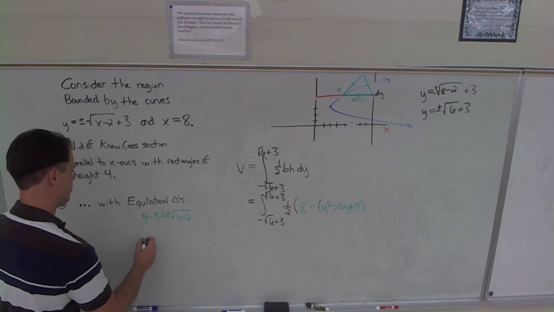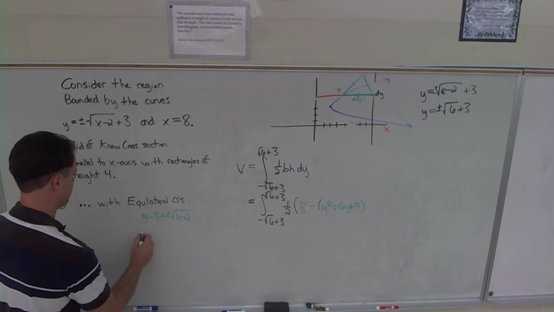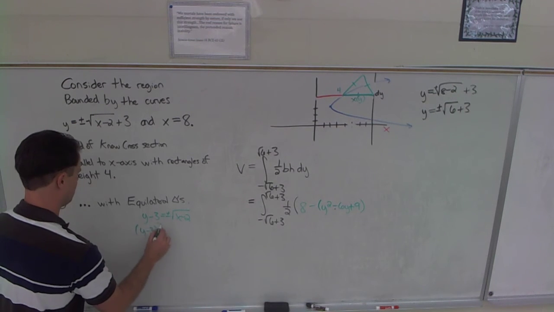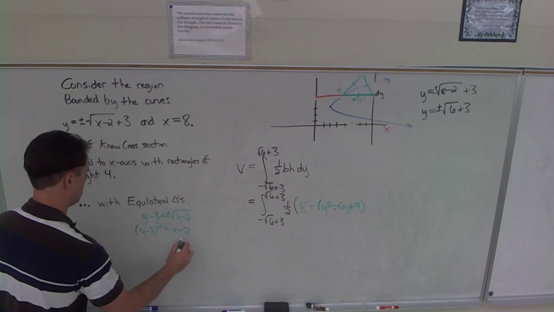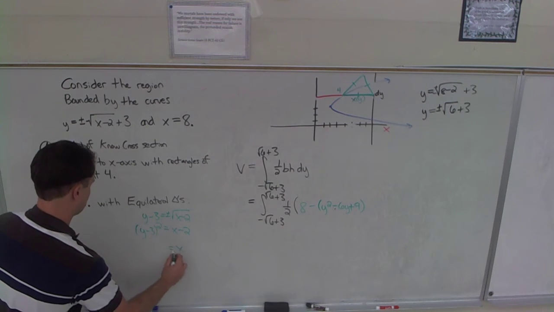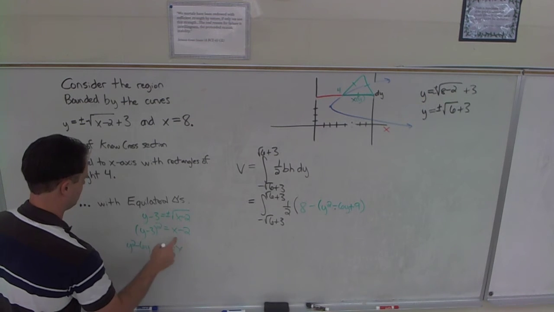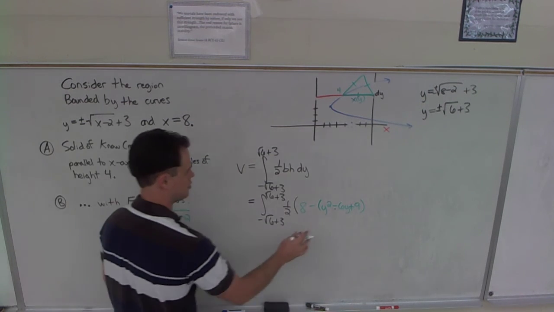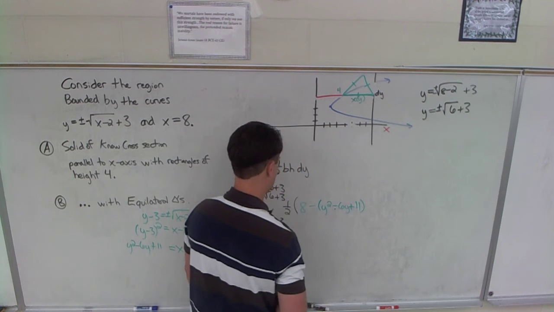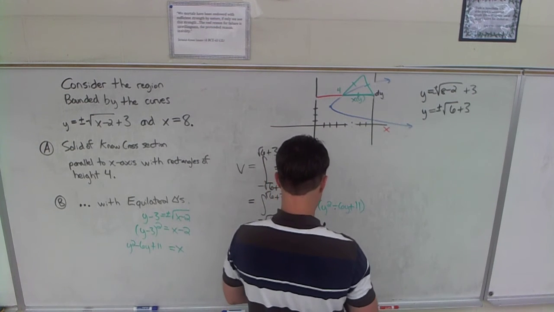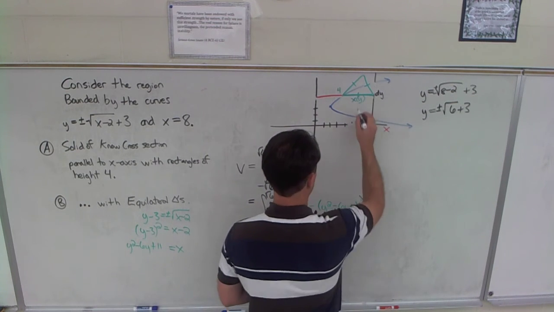Oh, it's going to be like 11, right? Yeah, I forgot. Okay, y minus 3 squared. So that says x is y squared minus 6y plus 9 plus 2 is plus 11. That should have been plus 11. There we go. So that is the base of our equilateral triangle.